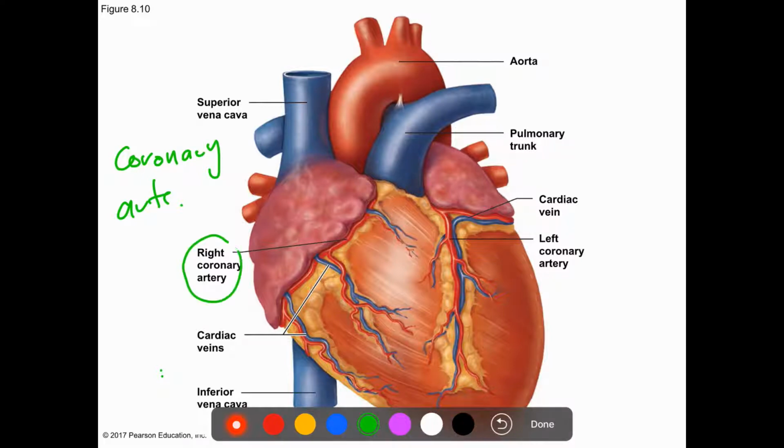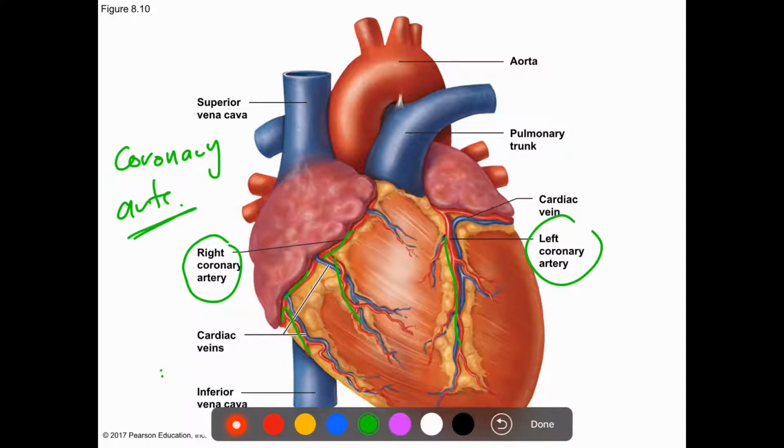For example, we have the right coronary artery, we have the left coronary artery. These are supplying the heart walls and the heart cells with oxygen, and they are getting smaller and smaller. So these are the coronary arteries.